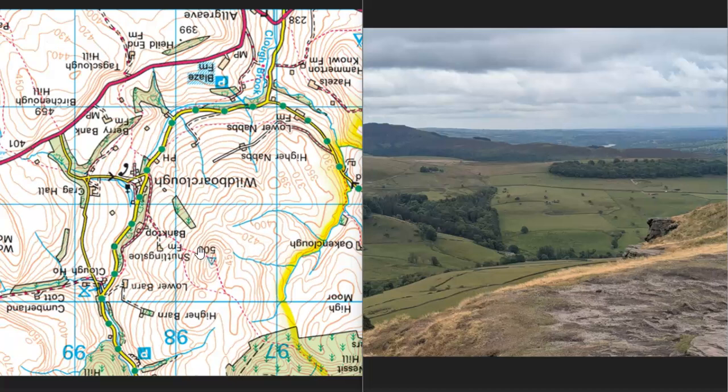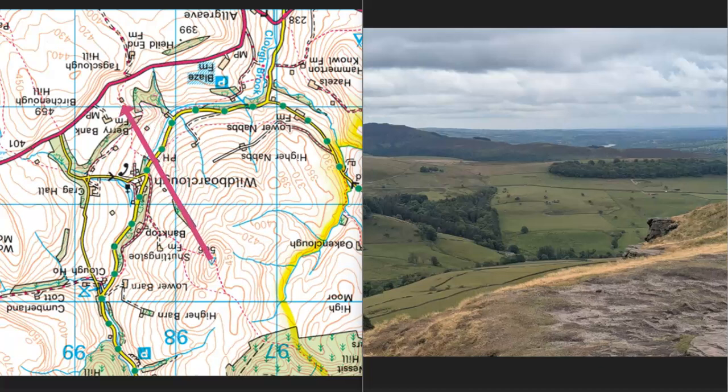So if we were to go directly to that hill, we'd be way over to the left of these woods here. Let me put an arrow on. Imagine flying in a straight line to that hill there. We would be way over to the left of those woods that we've already identified.